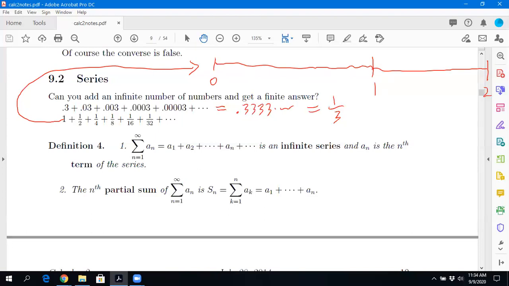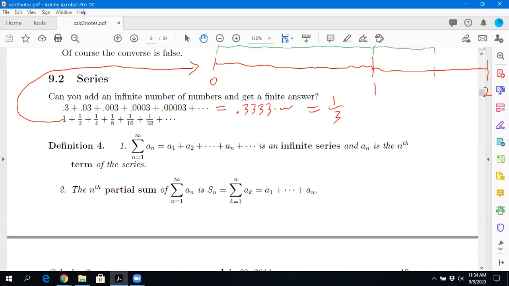I start with 1. Then what does it say to do next? Add a half, which gets me to right here. So that's what I have so far, 1.5, yes? And then I add a fourth.